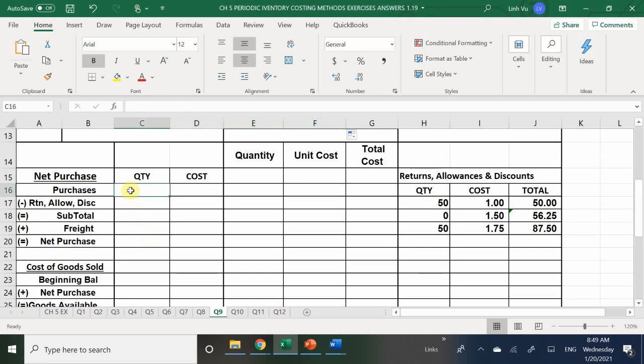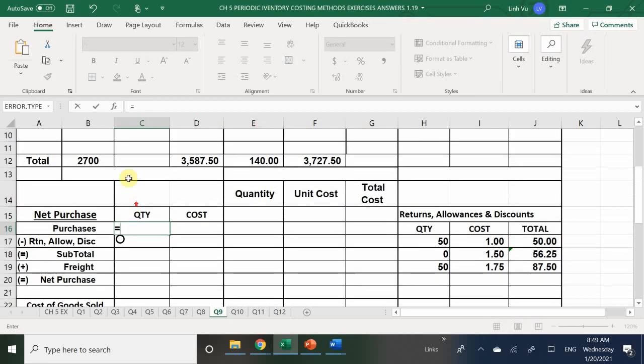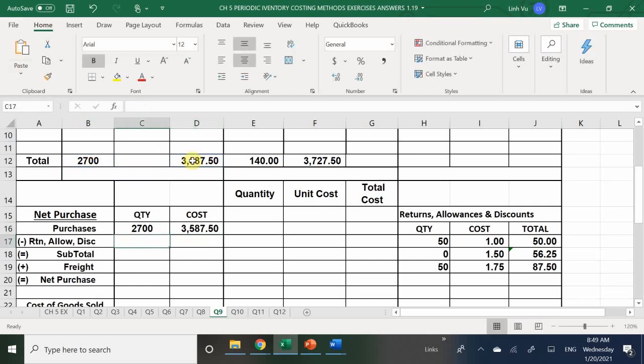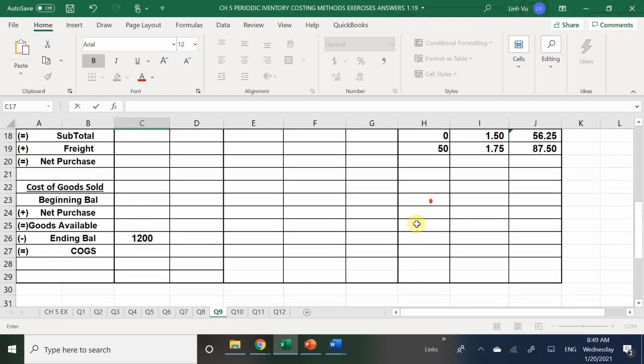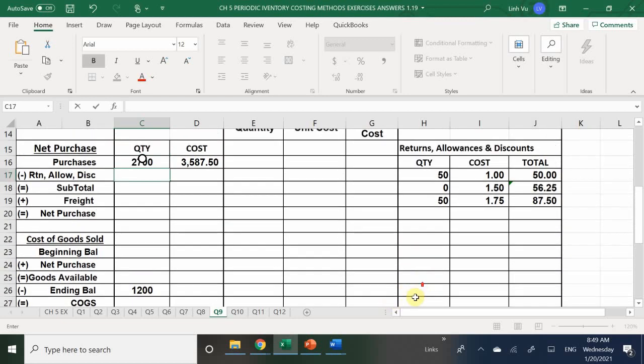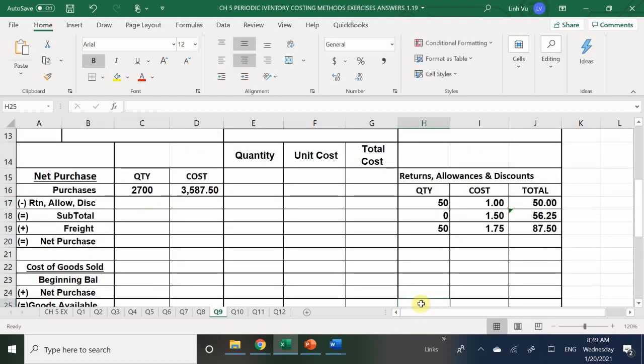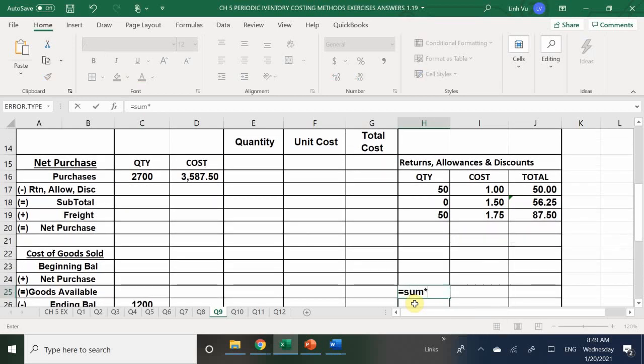Okay. So first thing is how many in total did we purchase? 2,700. And what's the total purchase price here? 3587.50. Now we need to look at how much total returns and allowances we actually collected. So in this case, 193.75.